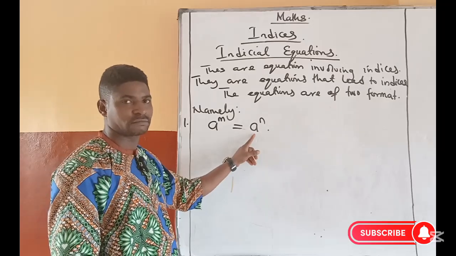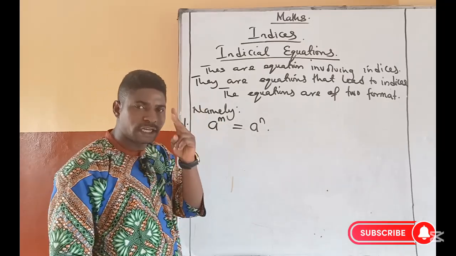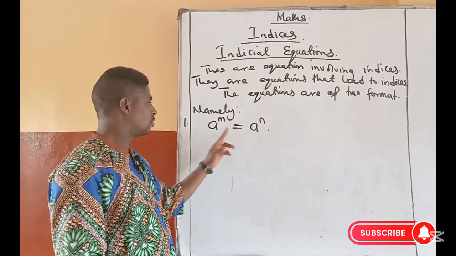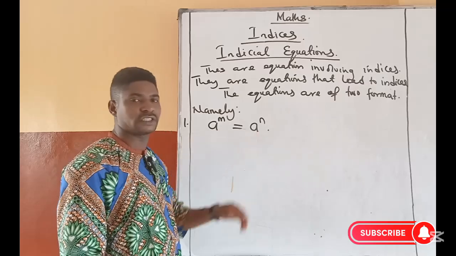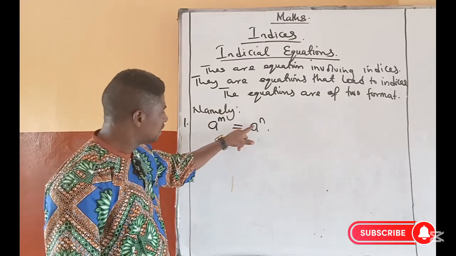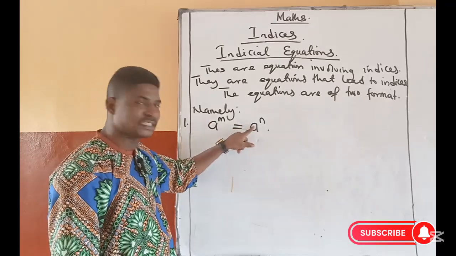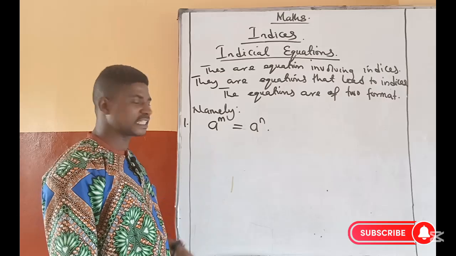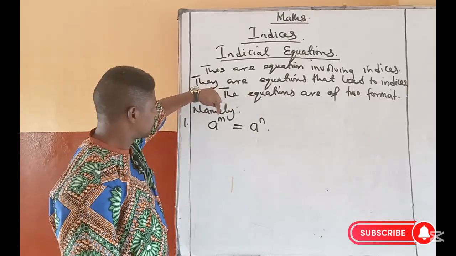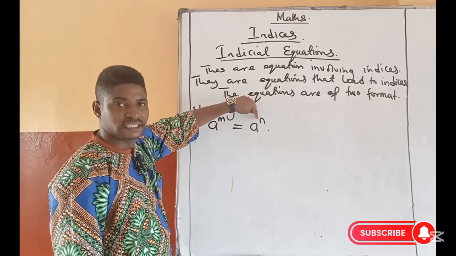So in an indicial equation, there are only two terms separated by the equality sign, one on its left and the other on its right. In this first format, you notice that the bases are the same. The base here is a, the base here is a. What is different are the indices. On the left, the index is m. On the right, the index is n.